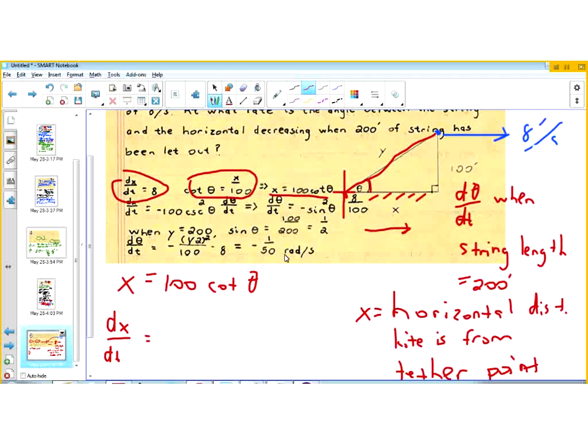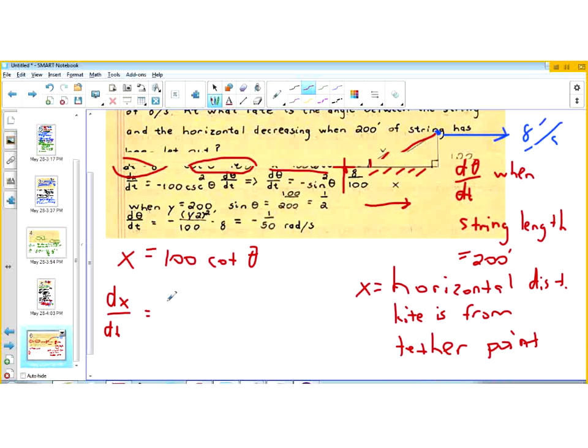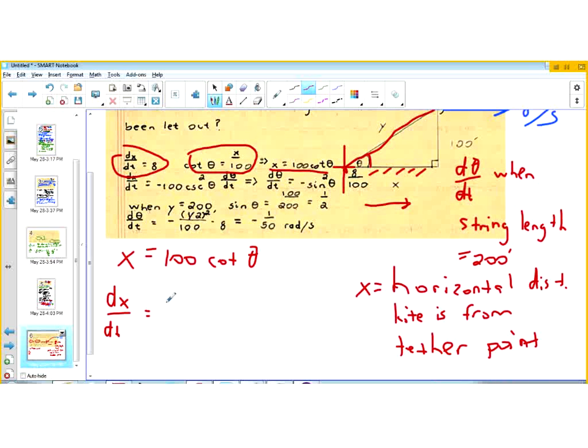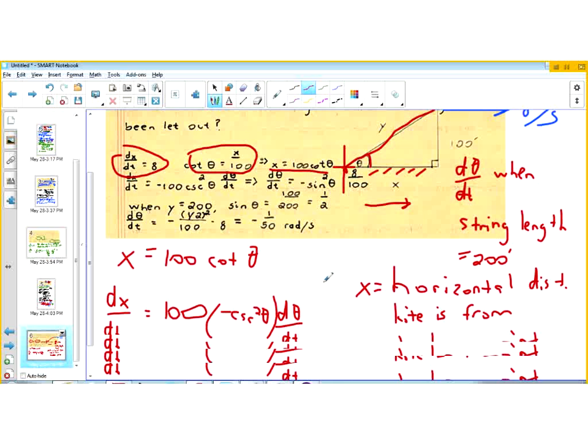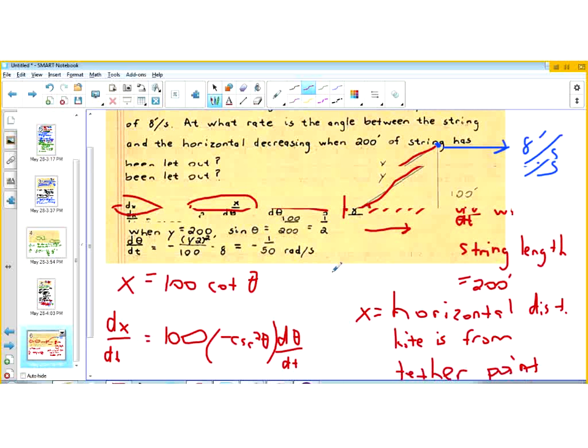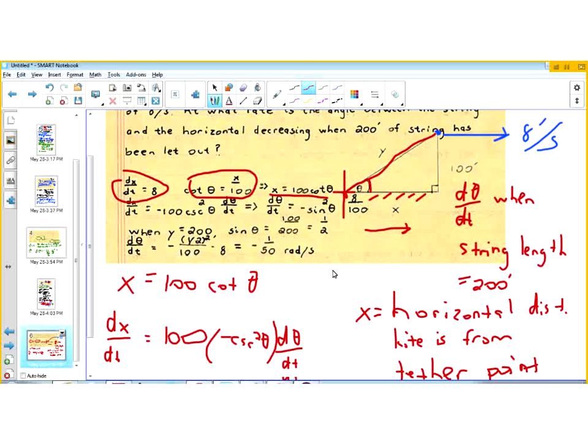We can also relate the change in position of x with respect to time in terms of theta, and that's this formula right here. That would be 100 times the derivative of the cotangent function, so negative cosecant squared theta times the change in theta with respect to time. Okay, and that's the quantity we want. We want d theta over dt.